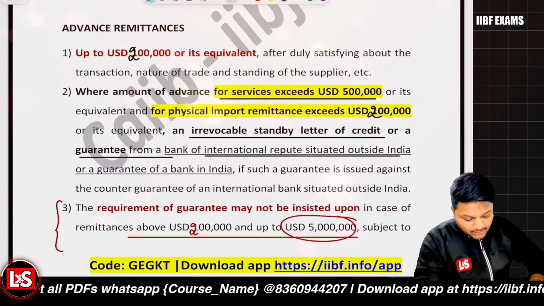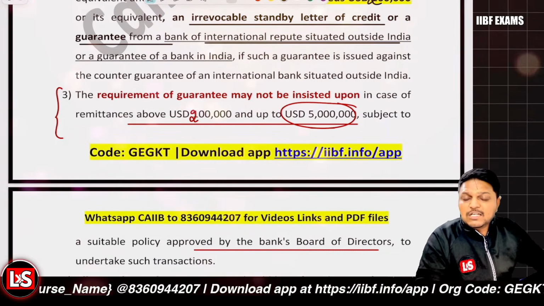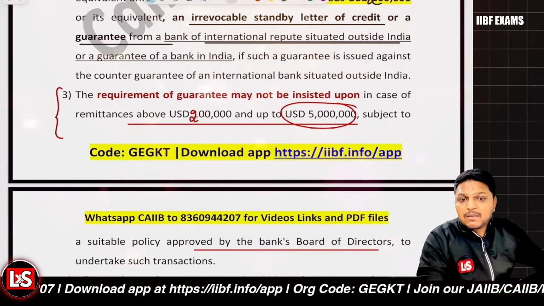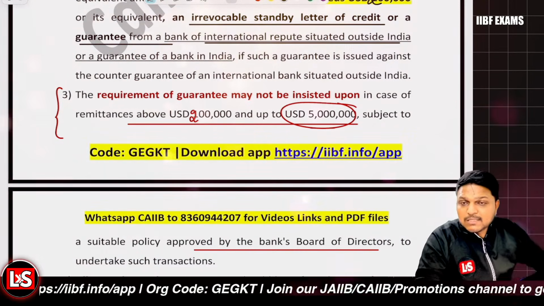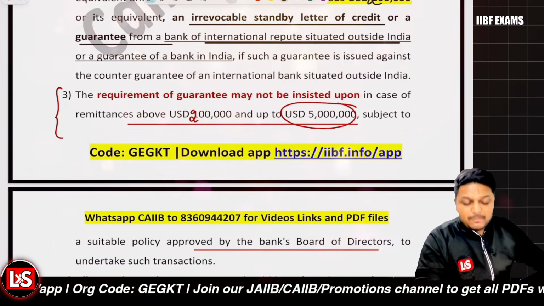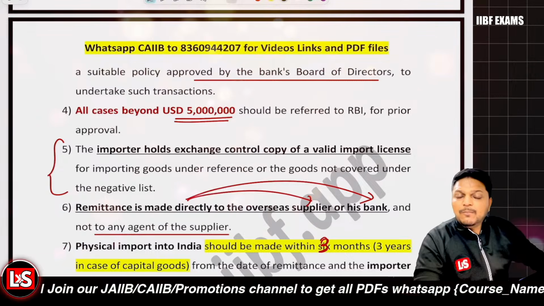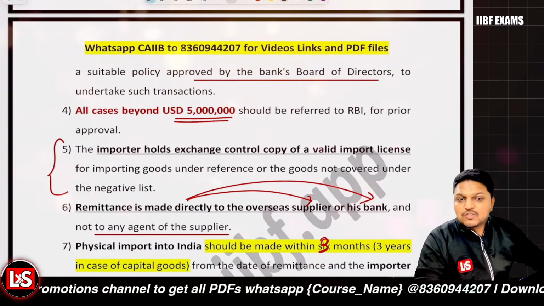And further, the requirement related to the guarantee cannot be insisted upon in cases where the advance remittance is above 2 lakh USD and up to 5 million USD, where a suitable board of directors approved policy is there, right? And all the cases beyond 5 million USD should be referred to the Reserve Bank of India and prior approval is to be taken.